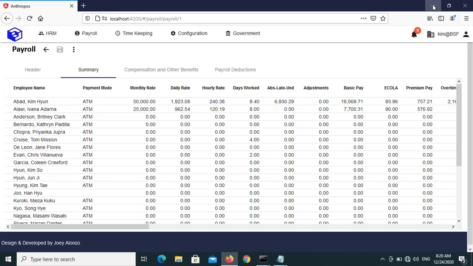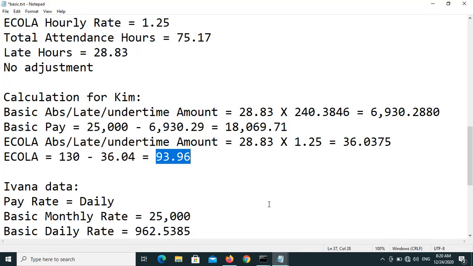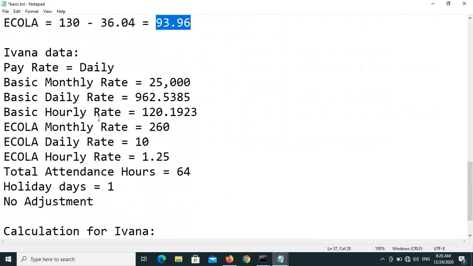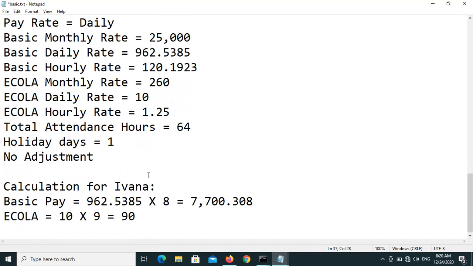Now let's go to Ivana for daily. So this is the data of Ivana. Okay. Now to calculate for her basic pay, all we have to do is to get the daily rate, which is 962.5385, and then multiply by the number of days.